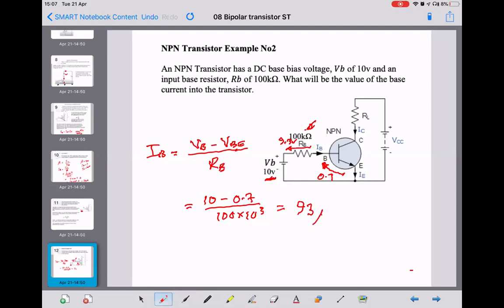Yeah, so it's 93 microamps. So having a series resistor in there is an additional way of controlling the current and the voltage to the base emitter of the transistor. All right?